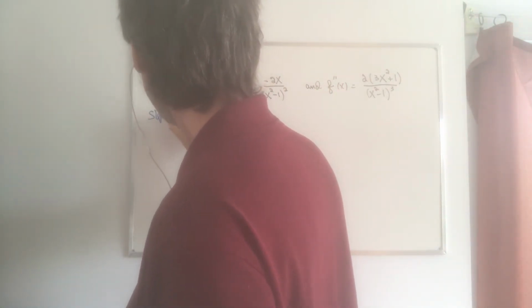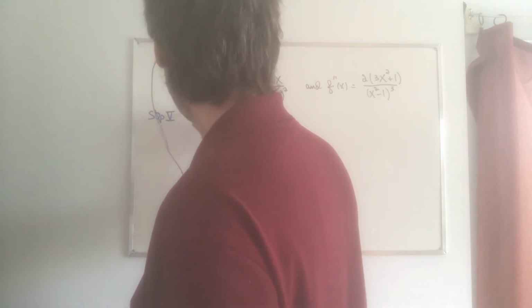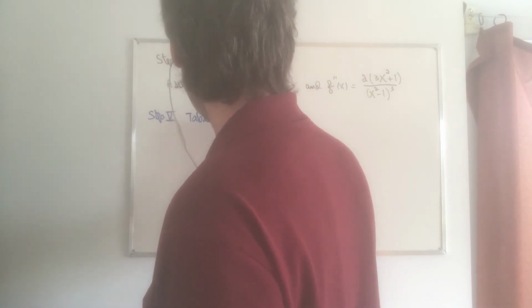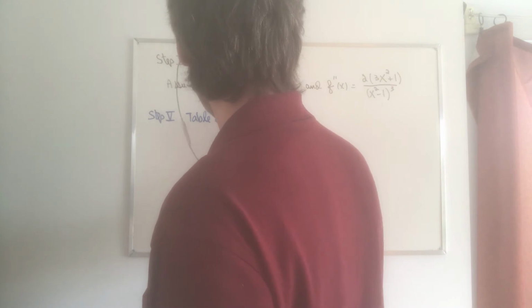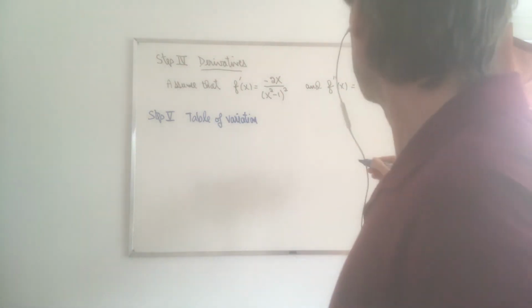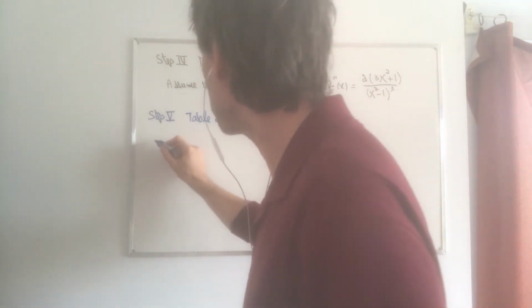So step 5, table of value, table of variation. All right, so let's see what we can actually do here. Let's put it over here, maybe some space for step 6 if we can.